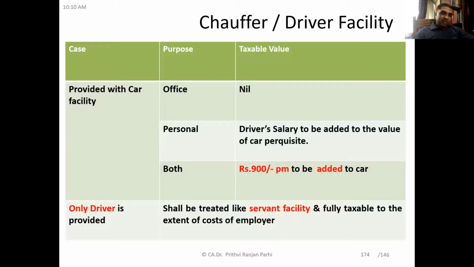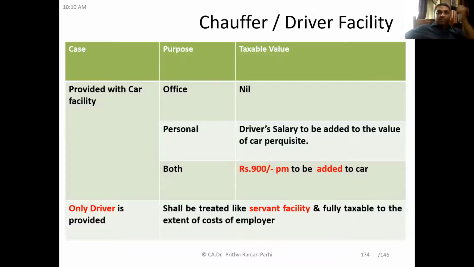Now, next case is that only a driver is provided. That means the employer has not provided any car facility, but only a driver is provided to the employee. In that case, the driver shall be treated as a domestic servant. The same way, it will be taxable.